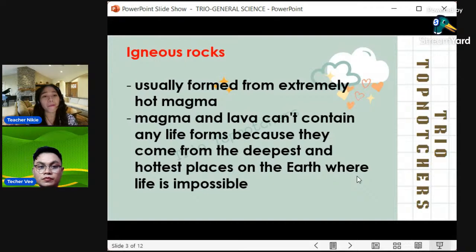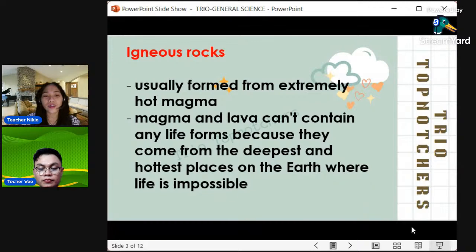Di ba? Meron siyang magma and lava. At saan galing? From the deepest and the hottest places. So meaning, hindi po possible yung life. Okay? So hindi nyo makikita dyan ang fossils. Alright, so please take note of that, mga katreo.